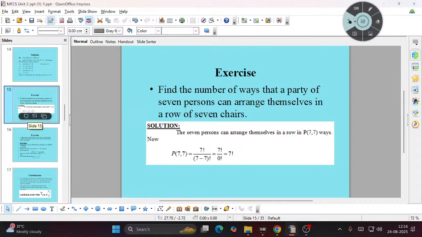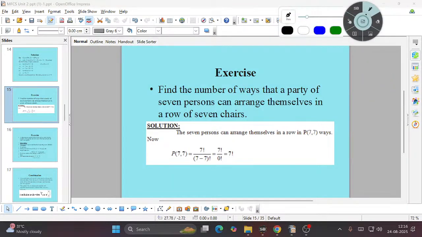So what is the formula for permutations? nPr equal to n factorial by n minus r factorial. Do it. So here it is given, you are given 7 chairs and 7 people.